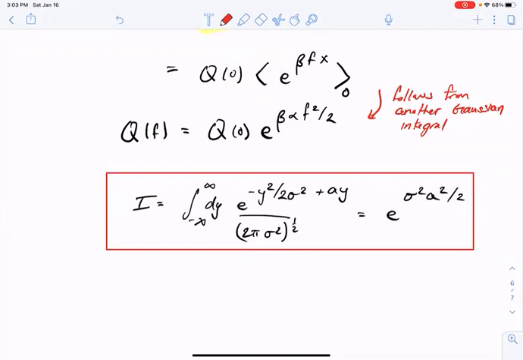So that's an identity that's worth working out yourself. And it's what allows us to then evaluate Q of F.